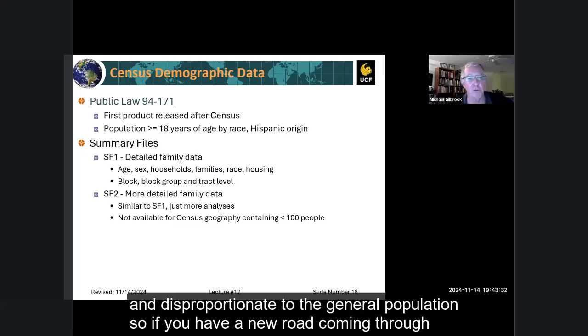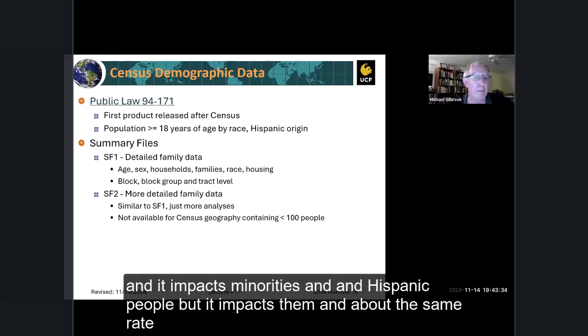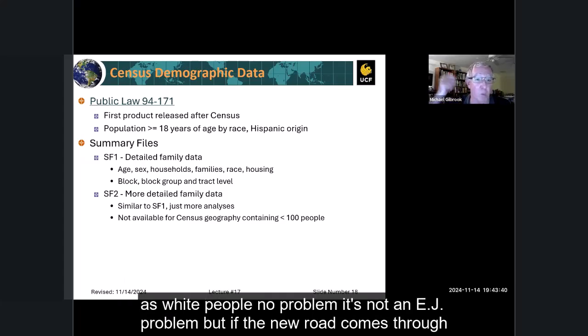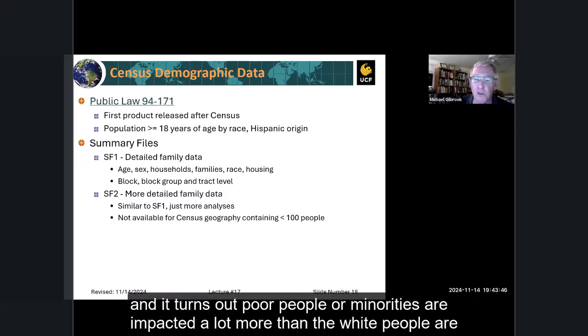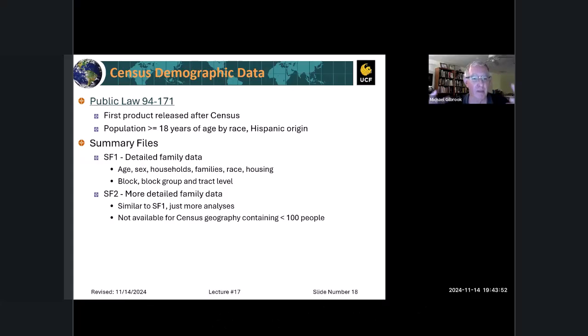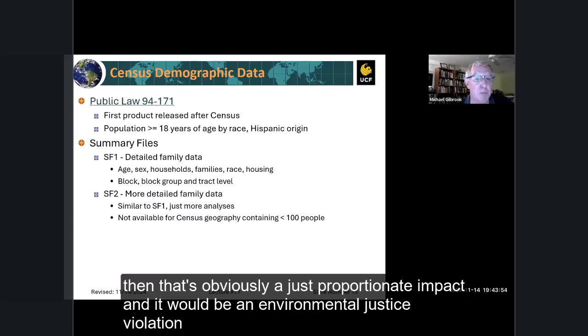So if you have a new road coming through and it impacts minorities and Hispanic people, but it impacts them at about the same rate as white people, no problem. It's not an EJ problem. But if the new road comes through and it turns out poor people or minorities are impacted a lot more than the white people are, then that's obviously a disproportionate impact, and it would be an environmental justice violation.